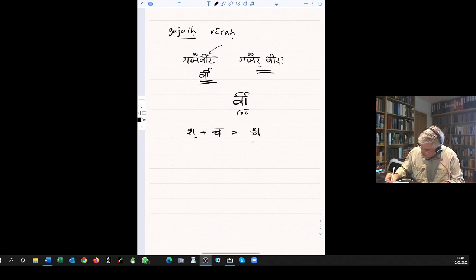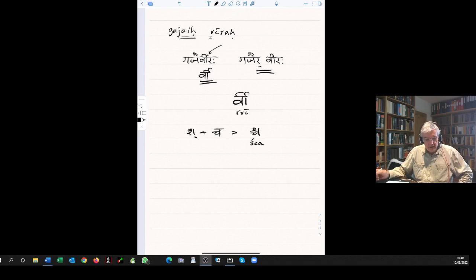That's how it's written, so it's a sh. Sentence G, Gajaihi saha, with the elephants. There's been no change there. It was a visarga followed by s, left unchanged, so sentence G is the same as it was before applying sandhi.